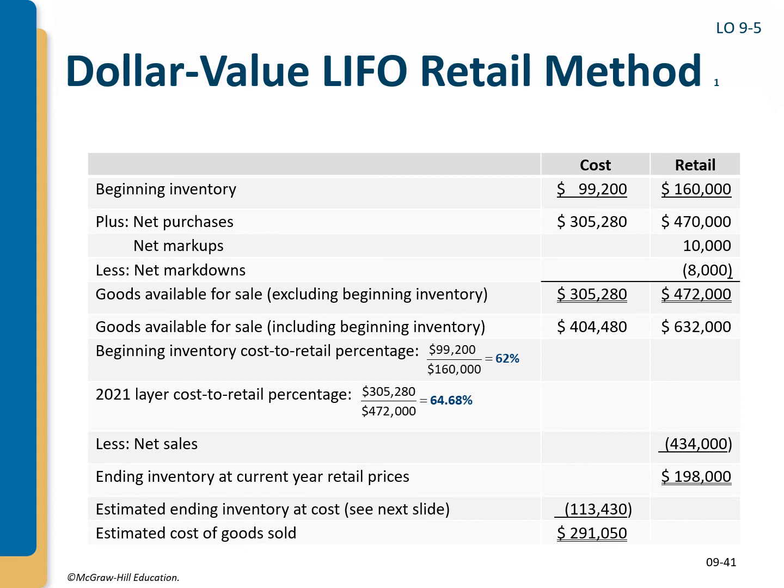Net sales are then subtracted from the retail value. Ending inventory is 198,000. But let's see how we calculate the ending inventory here. So jot that down, 113,430.